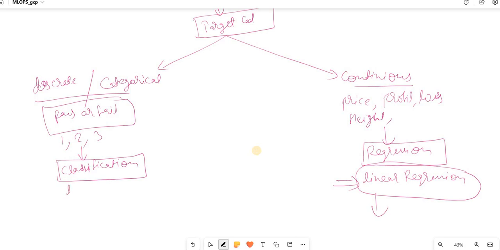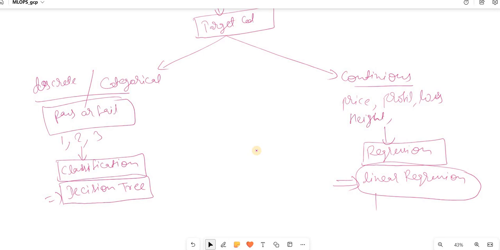So for this, let's write it here: logistic. I'm not writing the regression part, otherwise right now you guys will get confused. Something called decision tree. Okay, so these are the algorithms for classification, and this is for regression.